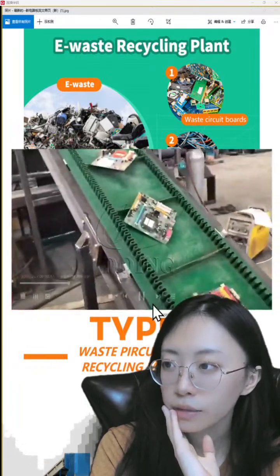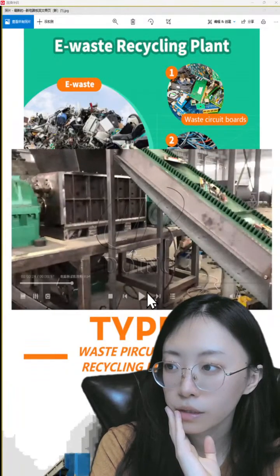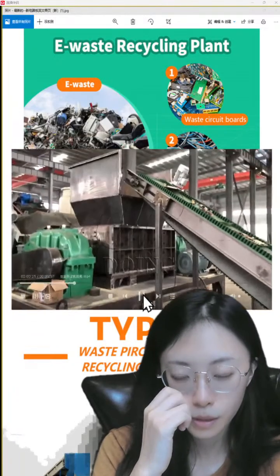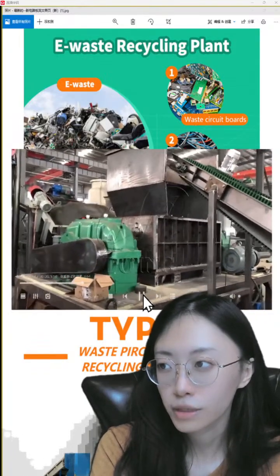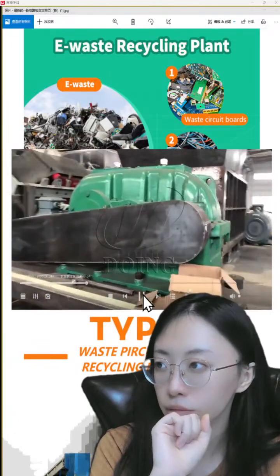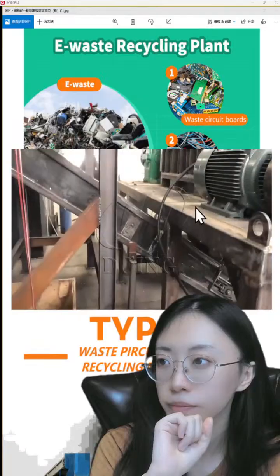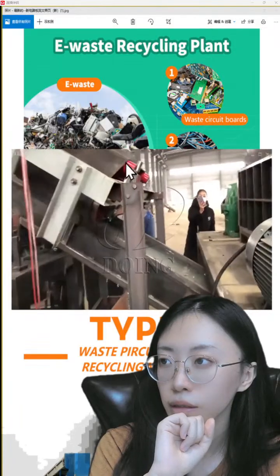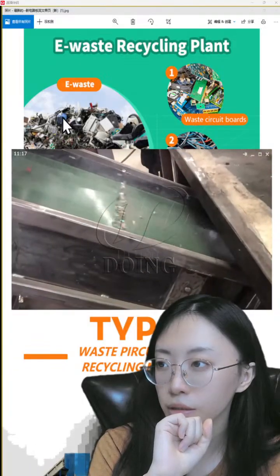Yeah, this board that you can see the components also on the board. It's just for experiment, or we want to just to damage the information of the board. First is a hammer blade crusher, and here this step, the magnetic separator.